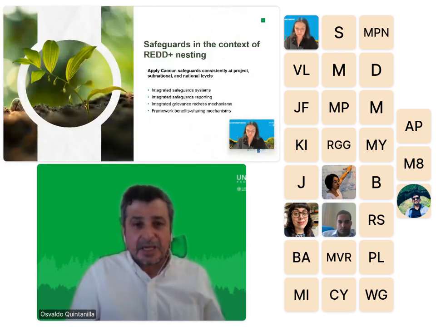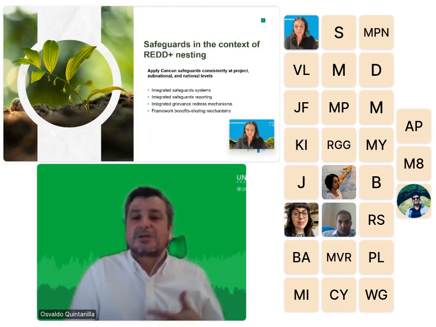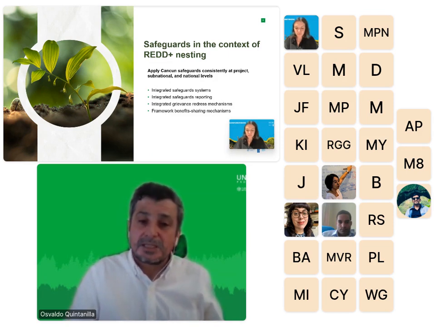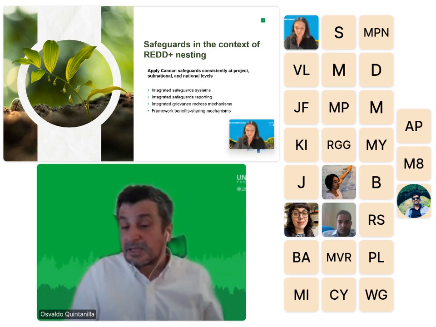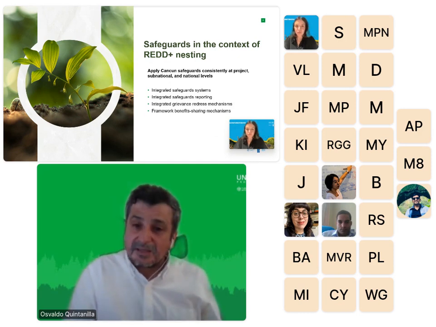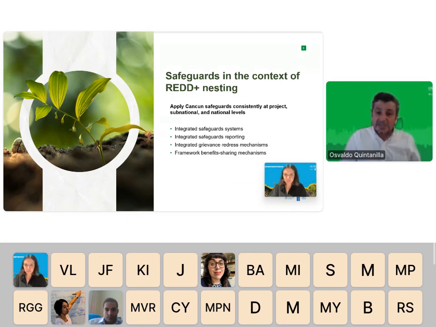And finally, we have the safeguards, which are crucial pillars of nesting REDD Plus systems, ensuring that the emission reductions respect indigenous rights, promote gender equality, and protect both people and ecosystems. An integrated approach applies consistent standards and procedures across all REDD Plus levels, using the national safeguard information system, free, prior and informed consent protocols, the FPIC, and accessible grievance mechanisms.